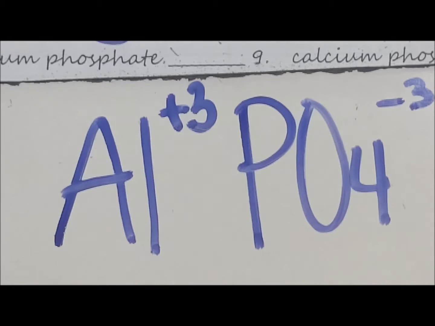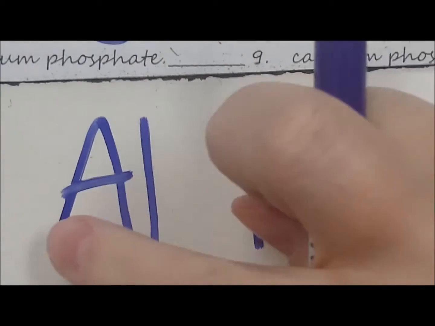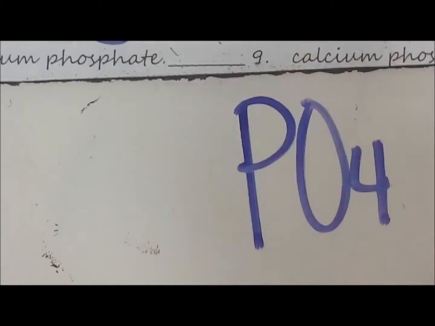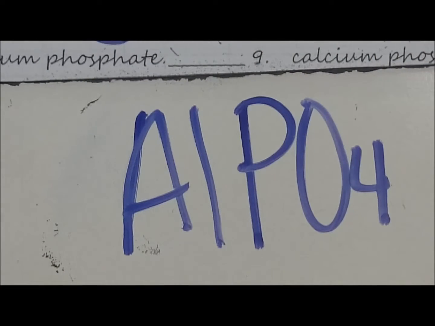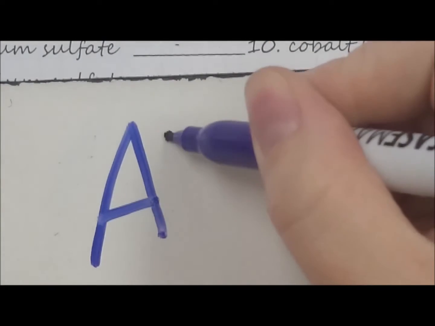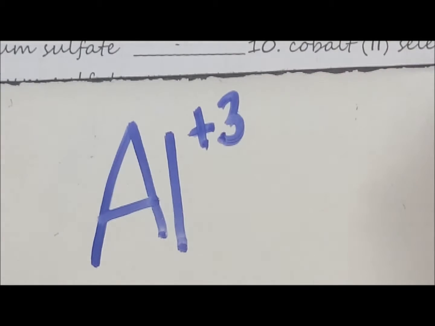Okay, so just like we said before, charges switch. Now these charges happen to be the same, right? So they're going to cancel out. So it'll just be Al PO4, and then there's no space there. It's just Al PO4. Next is aluminum sulfate. If you notice, I put these all in alphabetical order just to make your lives easier. So once you look one up, you don't have to keep looking it up.